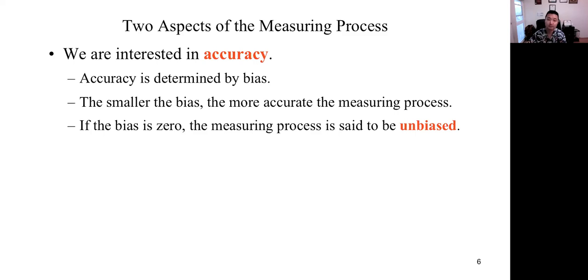If the bias is 0, the measuring process is said to be unbiased. For example, if we recalibrate the scale, the bias will be 0, then we say the scale is unbiased. So accuracy is determined by bias.